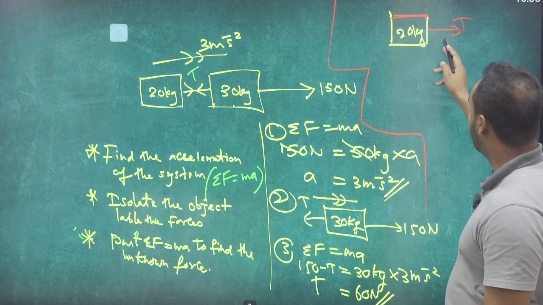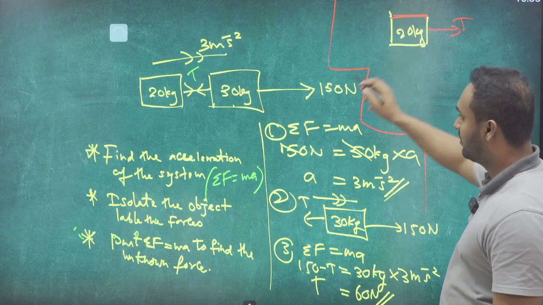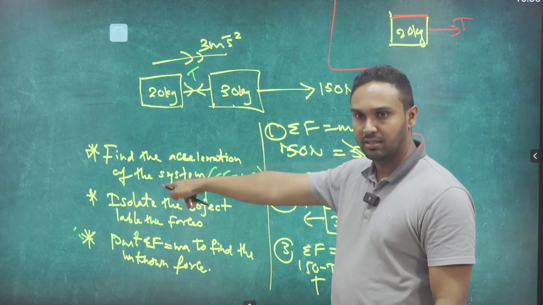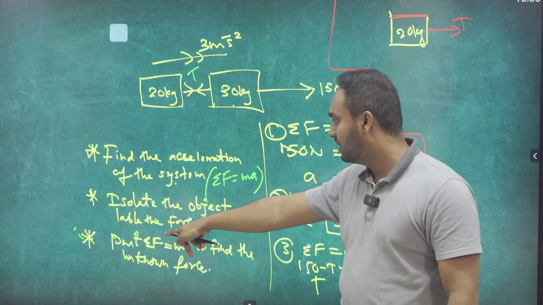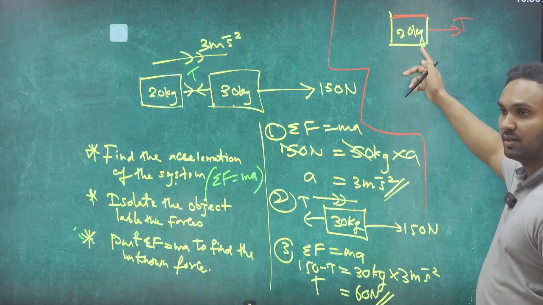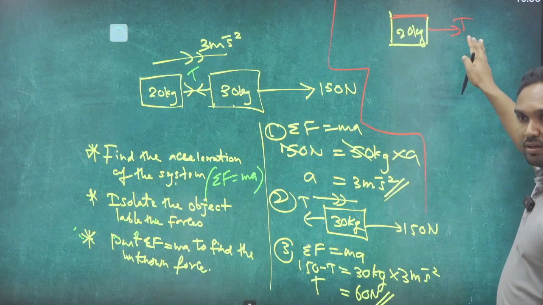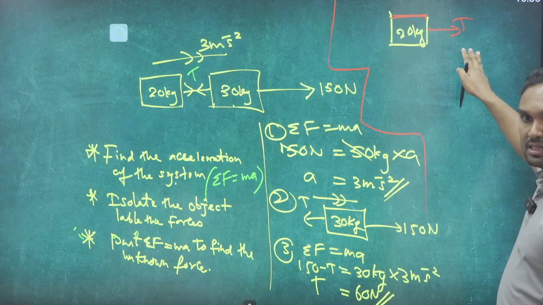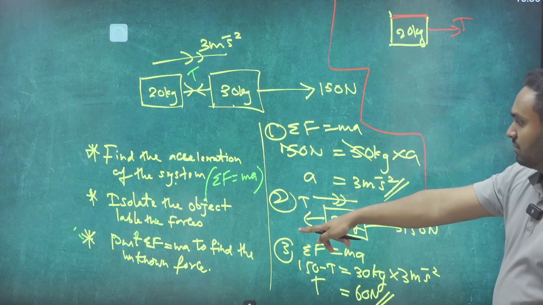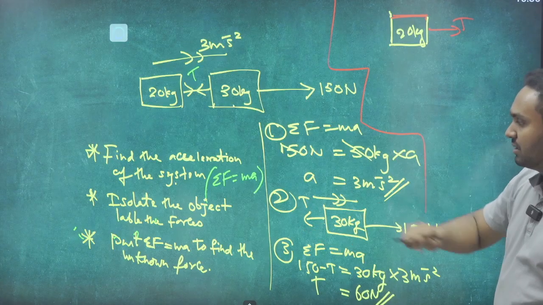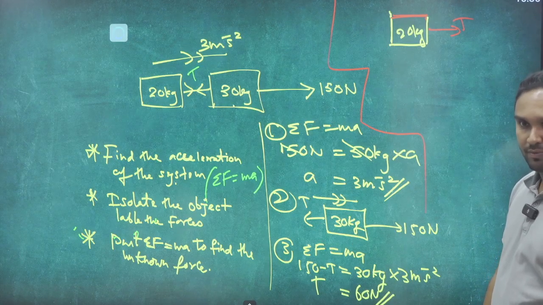So in order to find the tension here, now we found the acceleration in the first rule. The second one is isolate the object and label the forces. Now we have isolated the 20 kilogram one, and the only force acting on the object is T, so we have labeled it. Now what do you have to do? Put the sigma F equals ma to find the unknown force, right?